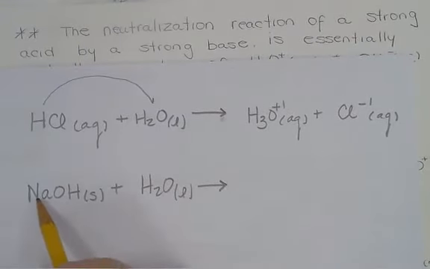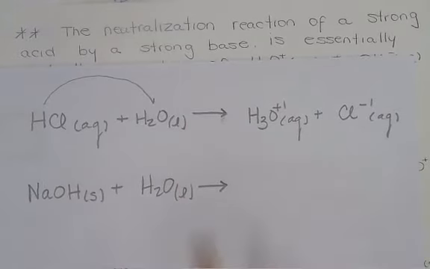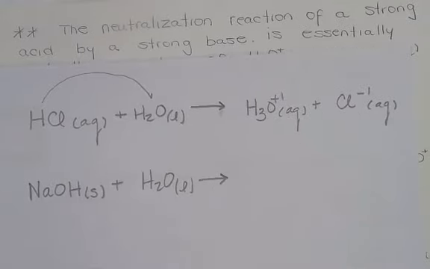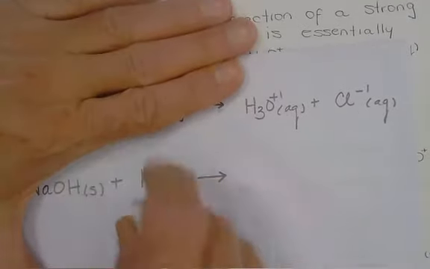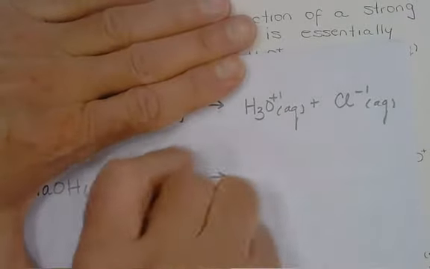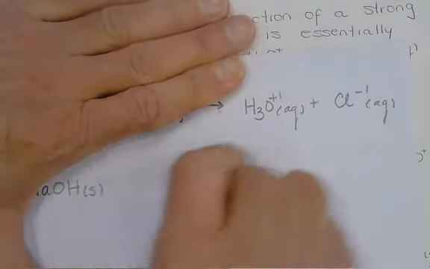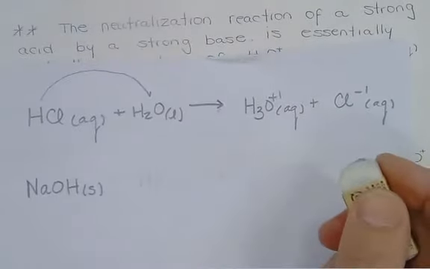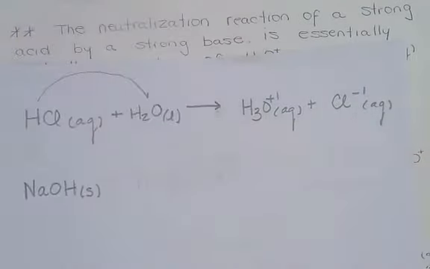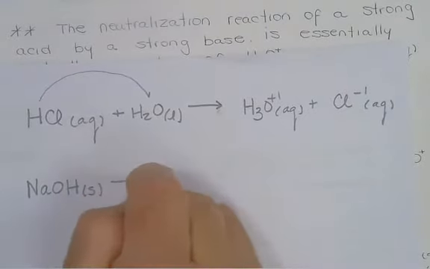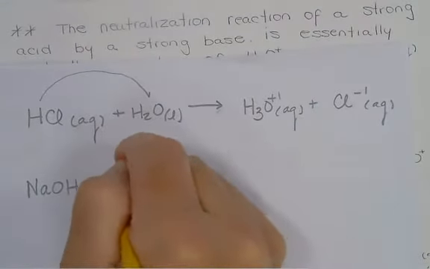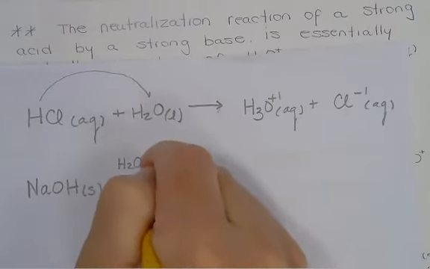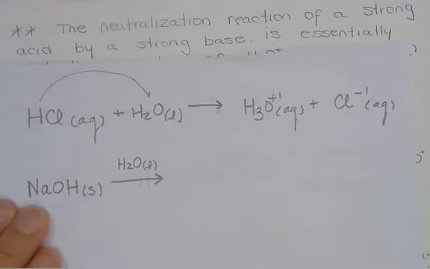The sodium, well, I'm going to have one extra water molecule in here because this guy and this guy aren't going to get together. So I think I'm going to do it like this. I'm going to put the water on top of the arrow, kind of like it's a catalyst. So I take my sodium hydroxide and dissolve it in liquid water, and it completely ionizes.